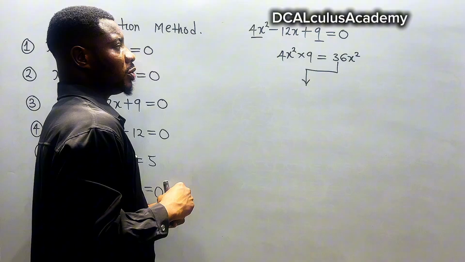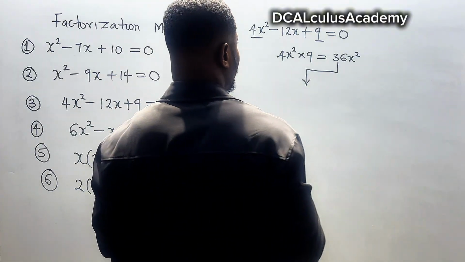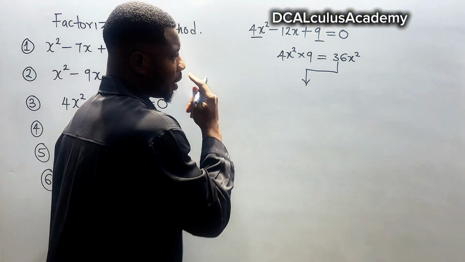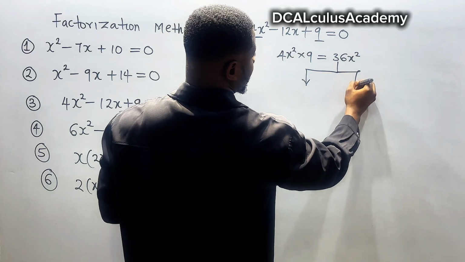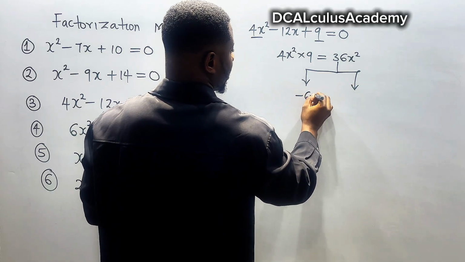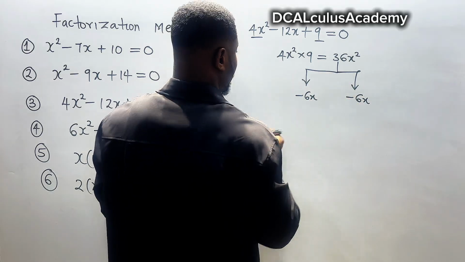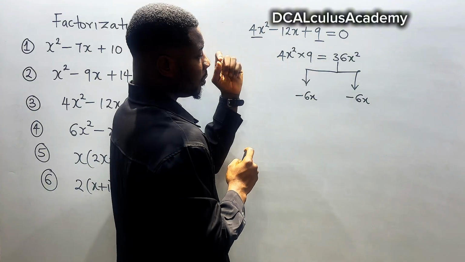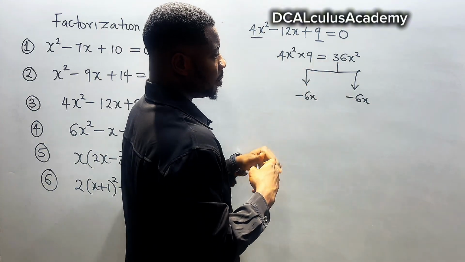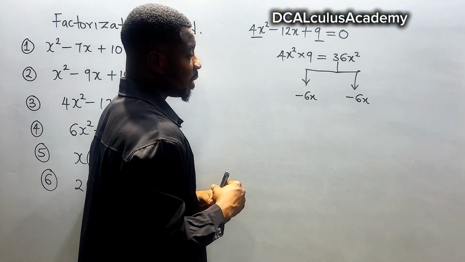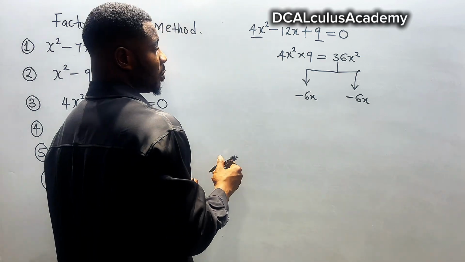That is obviously going to be 6 and 6, because 6 times 6 is 36. So negative 6x and negative 6x, when added, give us negative 12x, and when multiplied give us positive 36x squared. So that is the accepted factor. We can work with this.